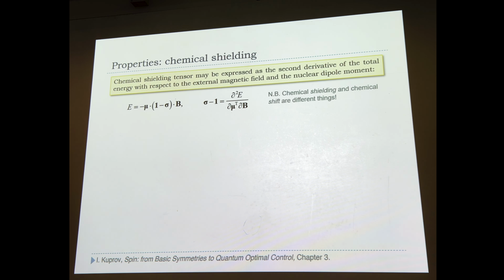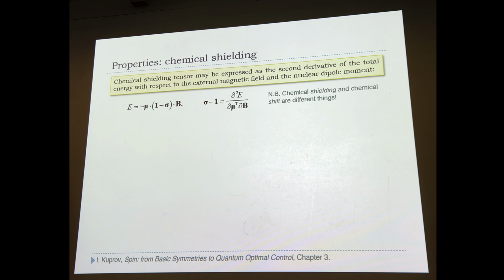Chemical shielding is a measure of magnetic screening relative to the bare nucleus in vacuum. All right, if we simply had just the nucleus, we would have E equals minus mu dot B, right, with the unit matrix in between. But the electrons turned up and screened the nucleus somewhat, and so this sigma is a measure of screening.